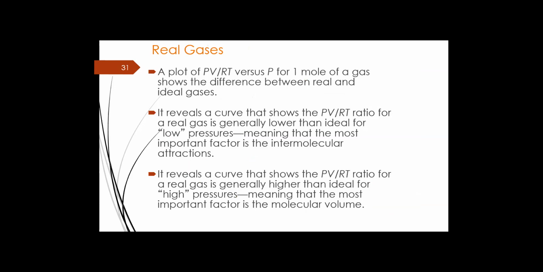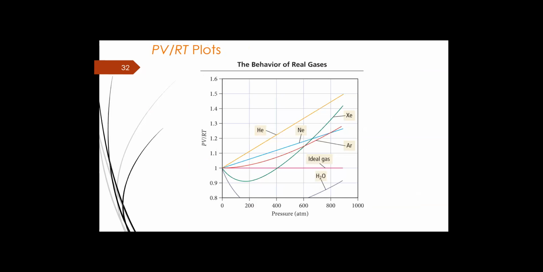And so you can plot these out, and what this is showing you is that the PV equals nRT ratio for a real gas is generally going to be lower than that of an ideal. If it's lower than the ideal, then that's because the intermolecular forces are an important factor. If it's higher than the general curve, then a more important factor is going to be the molecular volume.